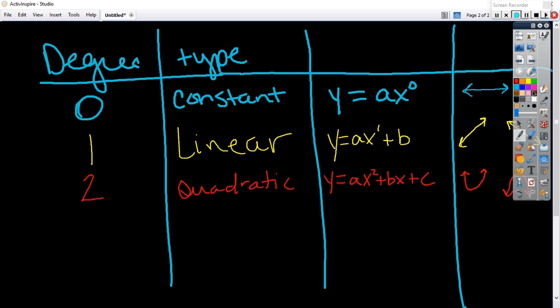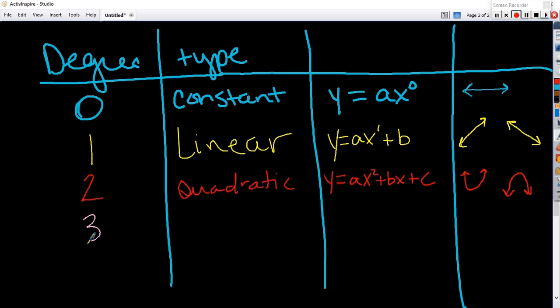Remember, we're going to take this up to 4, so let's do 3. You probably don't know this one. A squiggly line, yes. It is a bit squiggly. Plus cx plus d. This is called a cubic, which makes sense because when we raise something to a third power, we call it a cube, right?